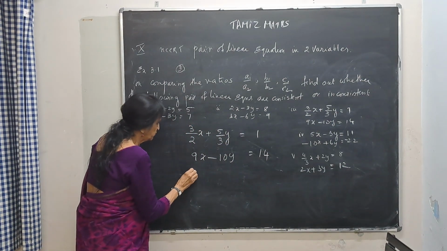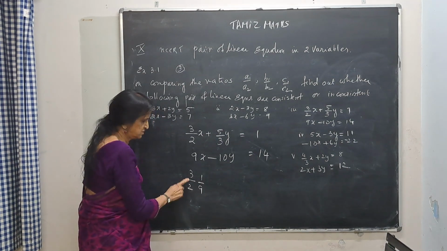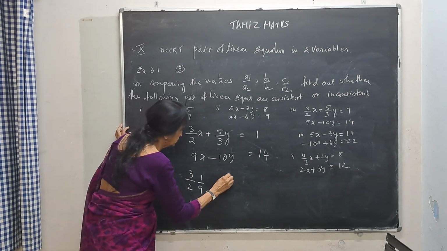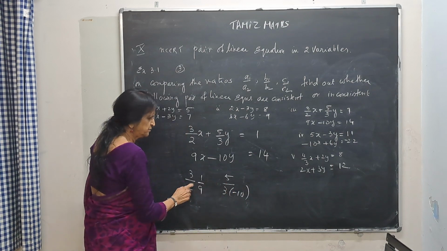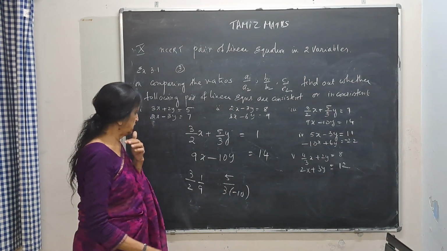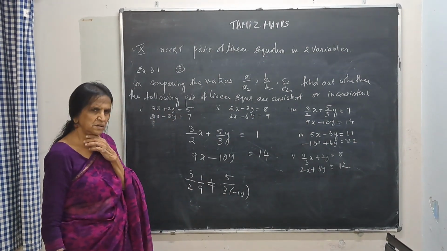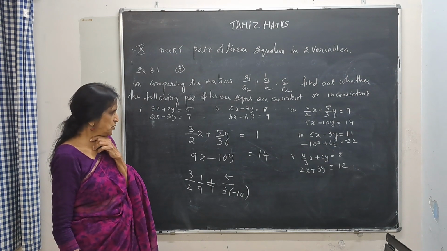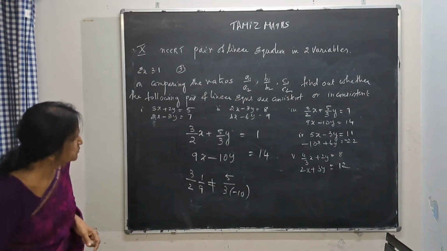A1 by A2, 3 by 2 over 9, which is this, and B1 by B2. They are not equal. That means it is consistent. With how many solutions? With a unique solution. Next.